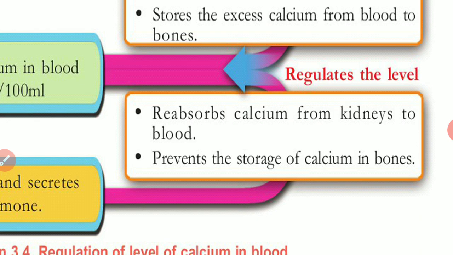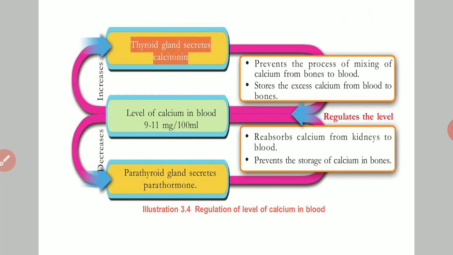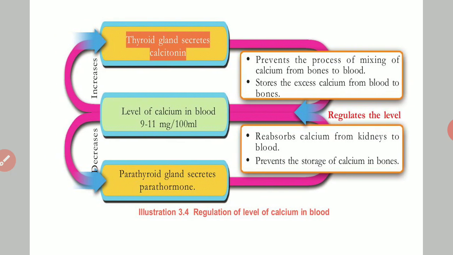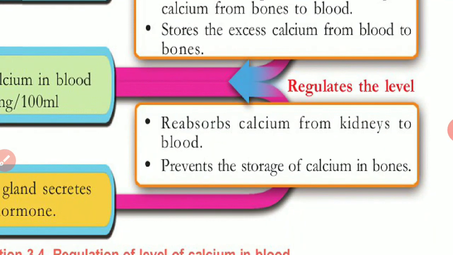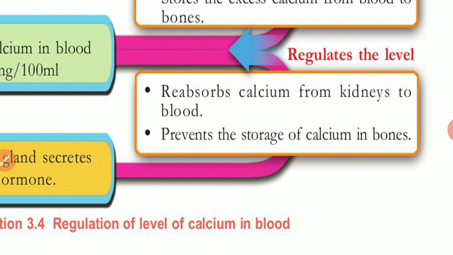After filtration there may be calcium in the kidney, and that calcium will be reabsorbed by parathormone. So naturally the level of calcium increases in blood. Secondly, it prevents the storage of calcium in bones, that is, it stops or slows down the storage of calcium in bones.